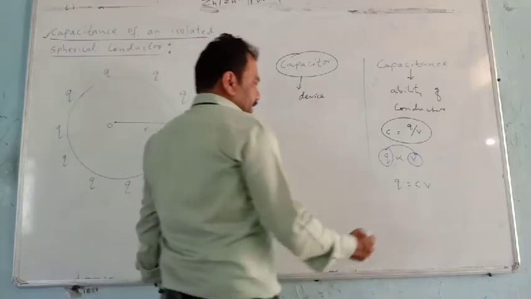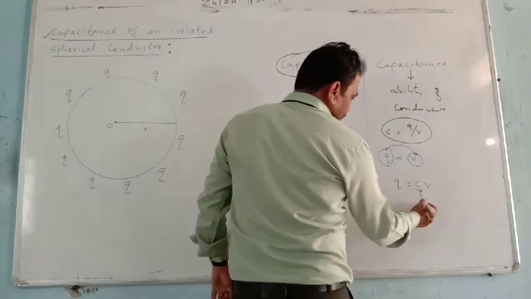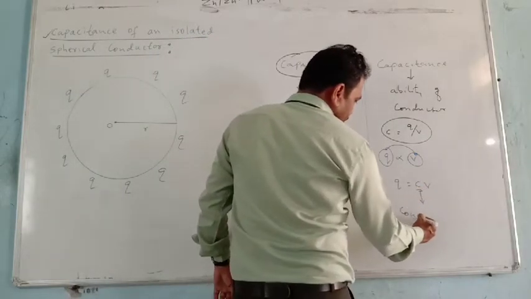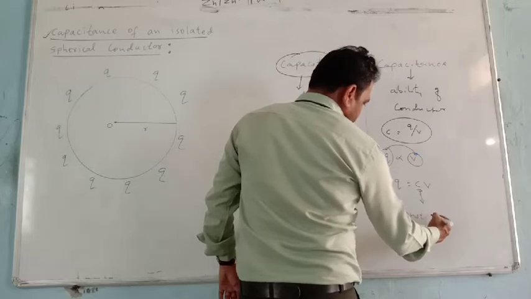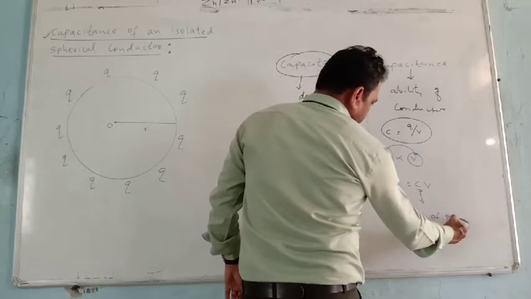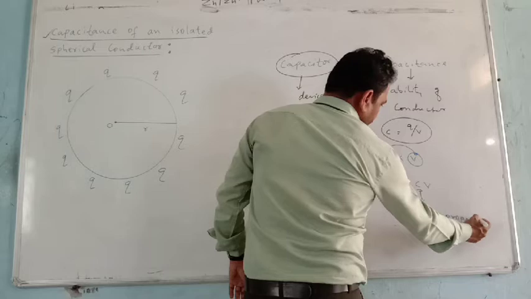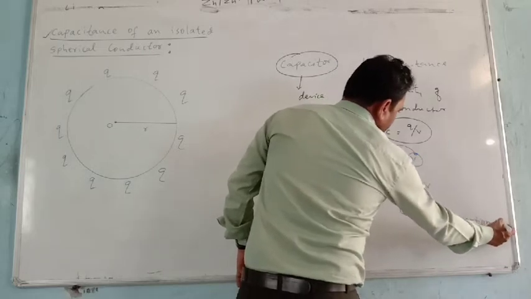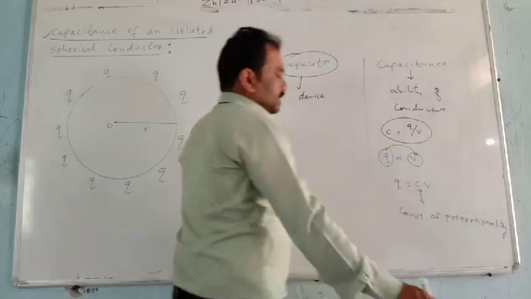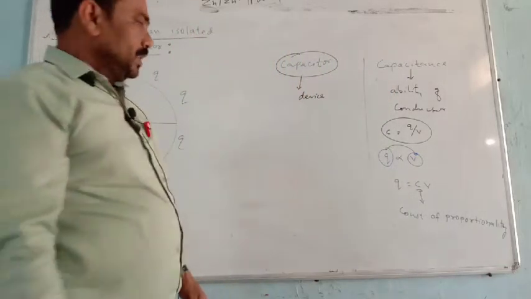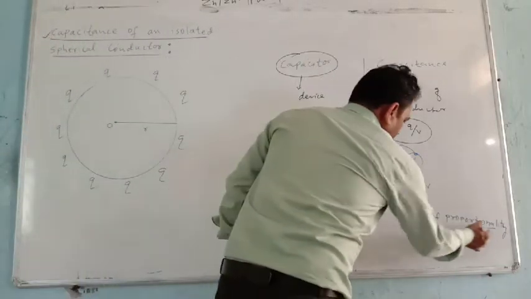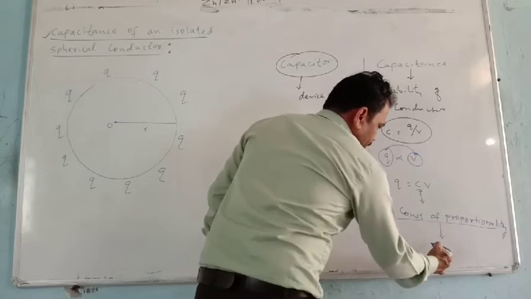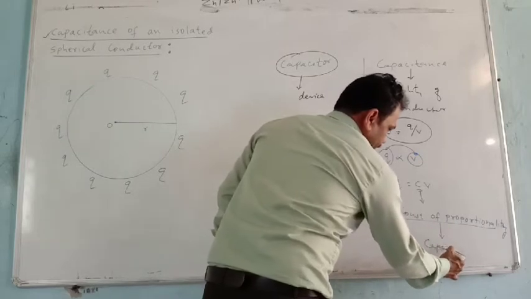So whatever the constant is, that constant is called capacitance. So constant of proportionality. Do not bother here, constant of proportionality and capacitance are the same. So this constant of proportionality is known as capacitance.